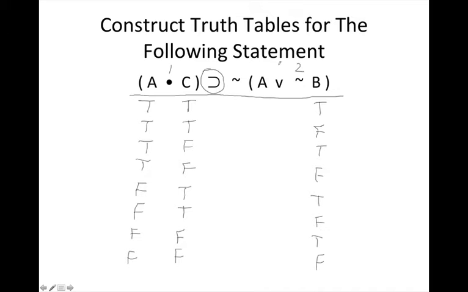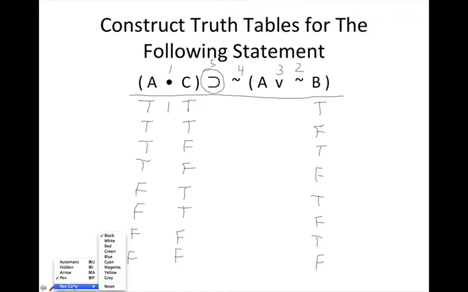Then the wedge connects A with tilde, and then the tilde outside the parentheses is what governs this entire second half of the conditional of the horseshoe, and then we do horseshoe last. So let's get to it.